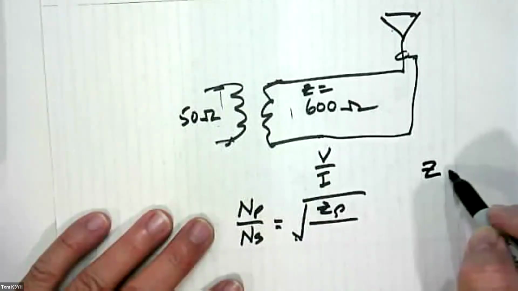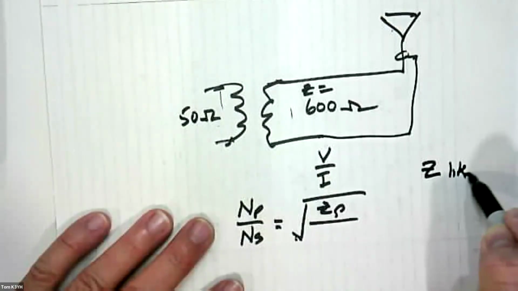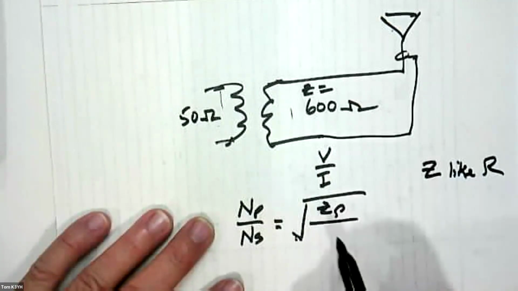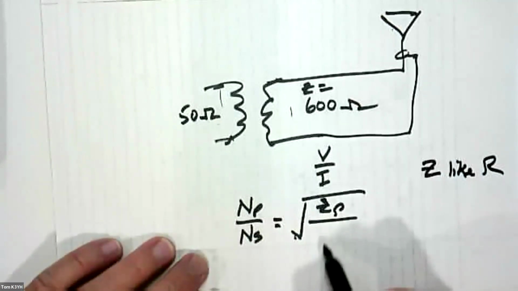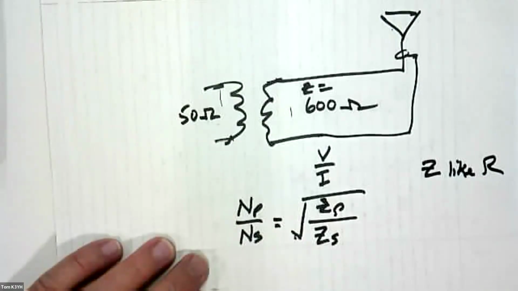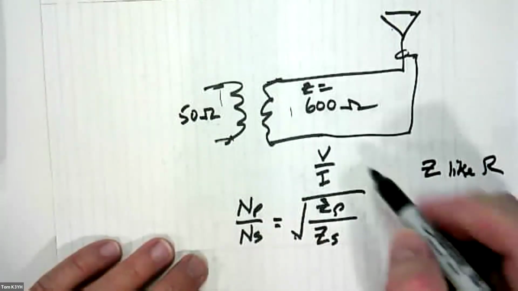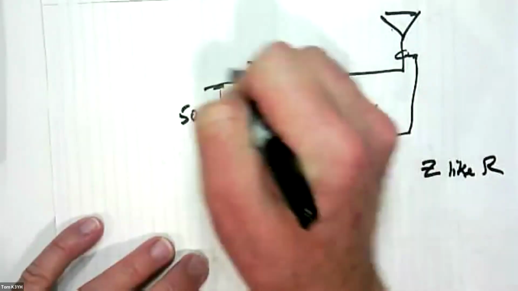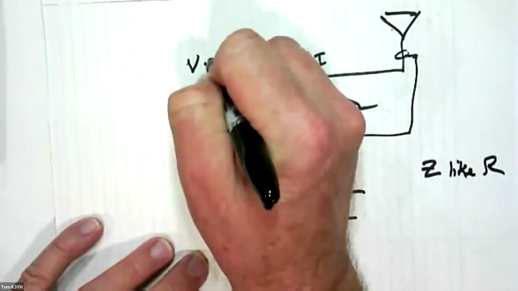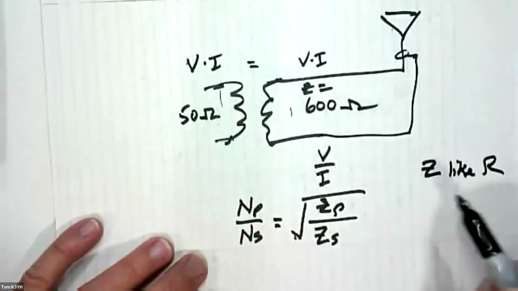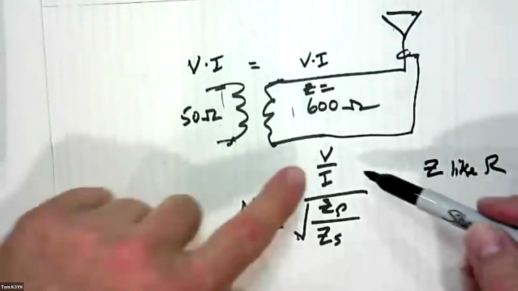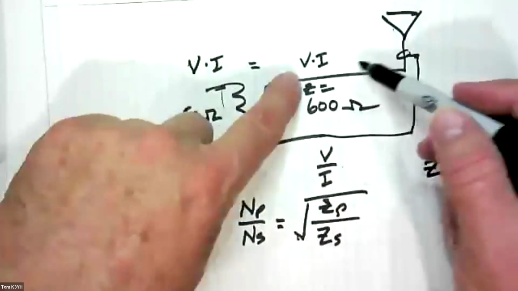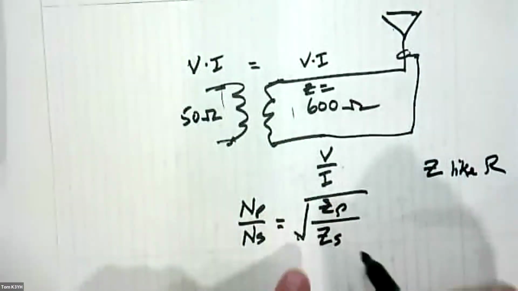Z is like R, okay? I'm not going to derive all that, but it has to do with the fact that V times I on this side is equal to V times I on this side. So if you use the V over I and substitute with the V times I, you'll get this equation.